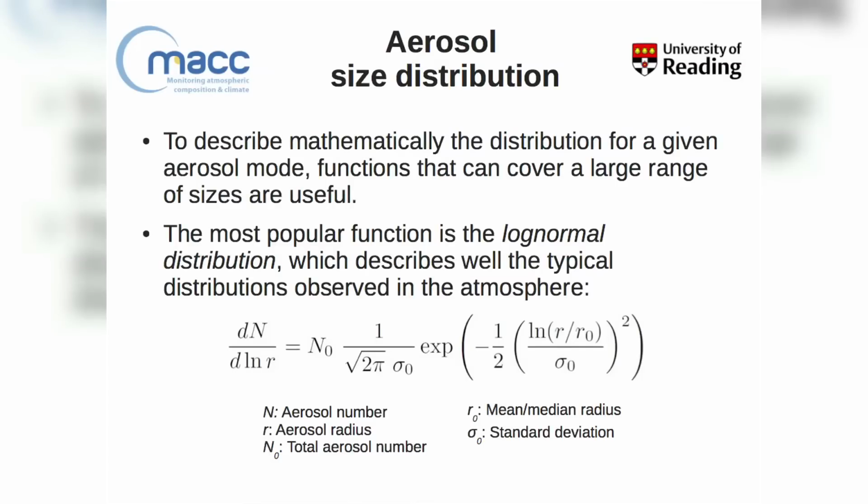Mathematically, in the log normal distribution, the mean and the median are equal, so it gives you where the distribution is centered in the range of sizes. And then the final parameter is the standard deviation of the distribution, so how wide it is, and its ability to cover smaller and larger sizes than the mean radius.